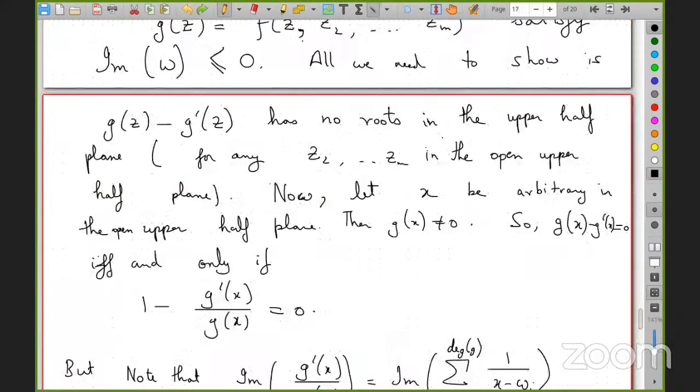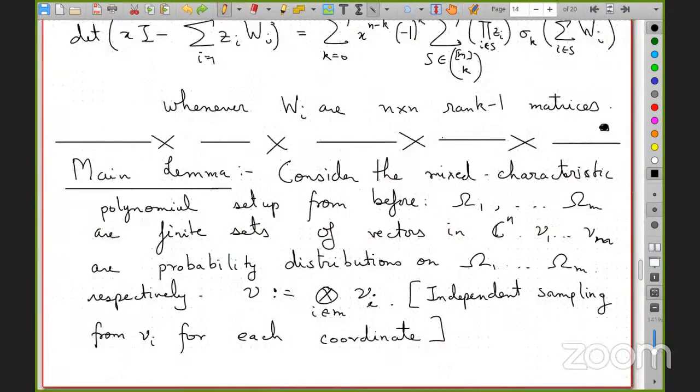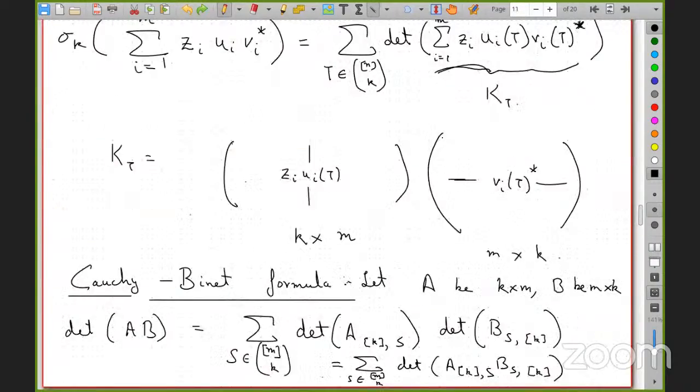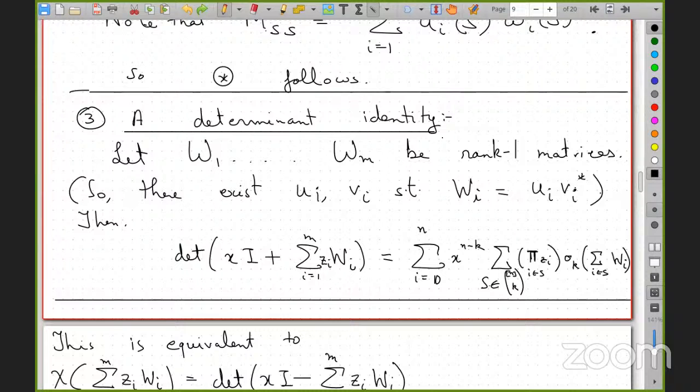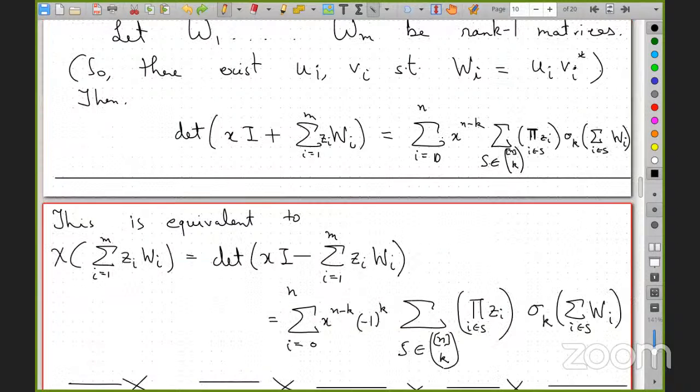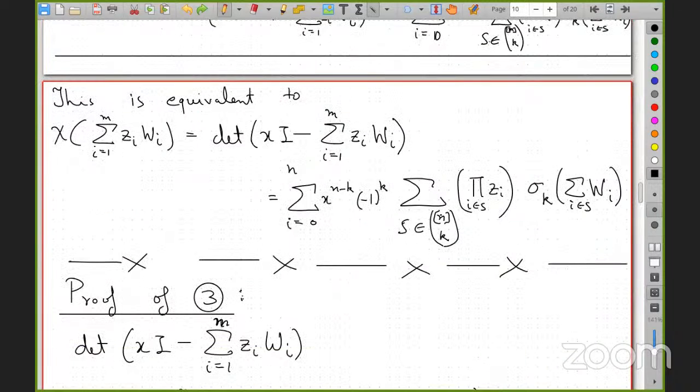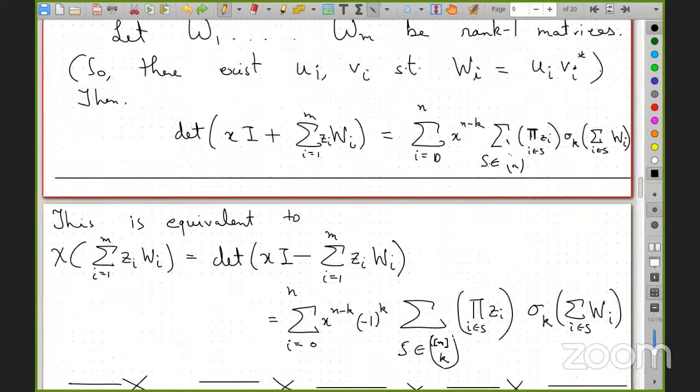So let's check this. This is m, it's not n. I've been writing this wrong for a long time. This is a subset of how many matrices there are.